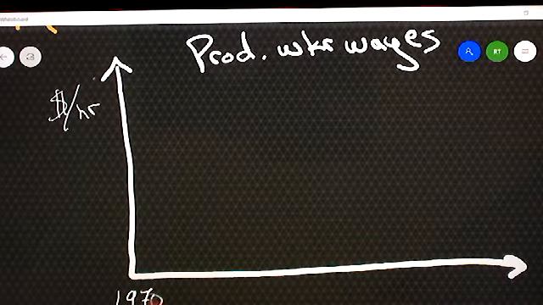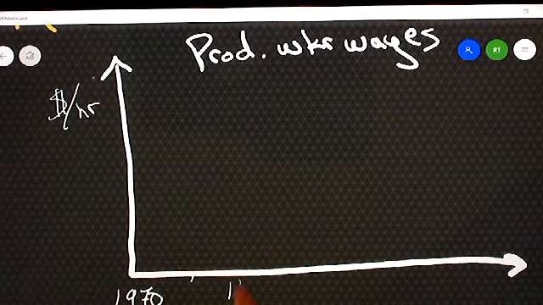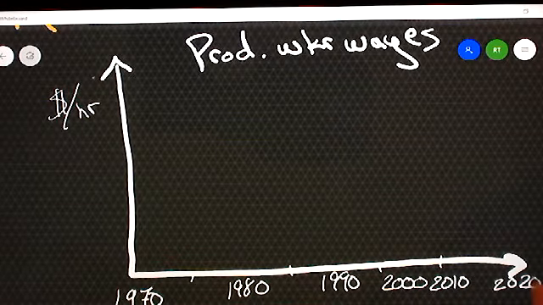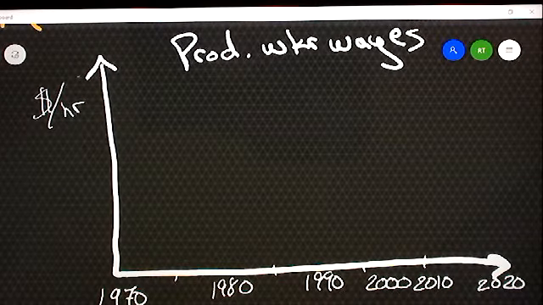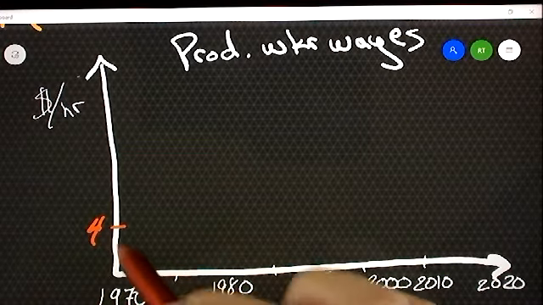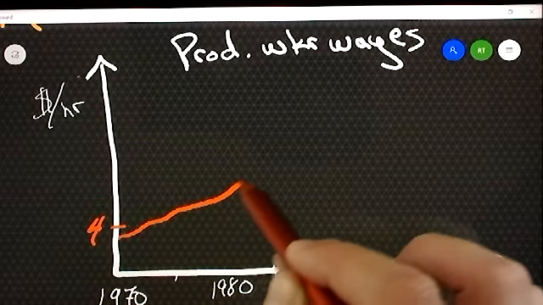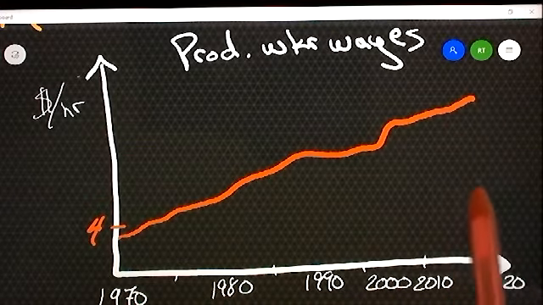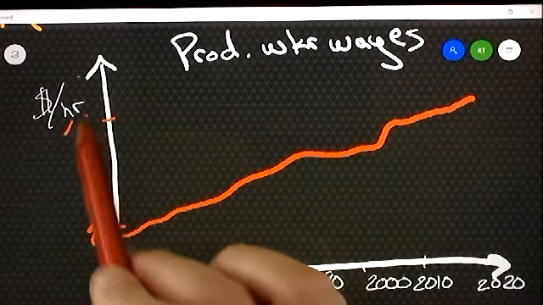We started in 1970. And we end up getting a nominal wage that increases from a little under 4 and kind of caps out around somewhere between 18 and 20 right now.